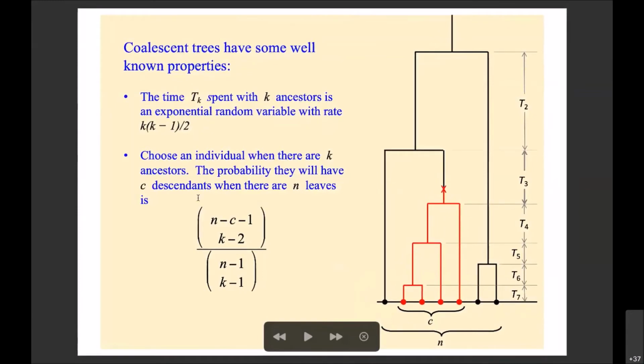And there's a nice formula for that too. So these are the sorts of pieces of information you put into the calculation.